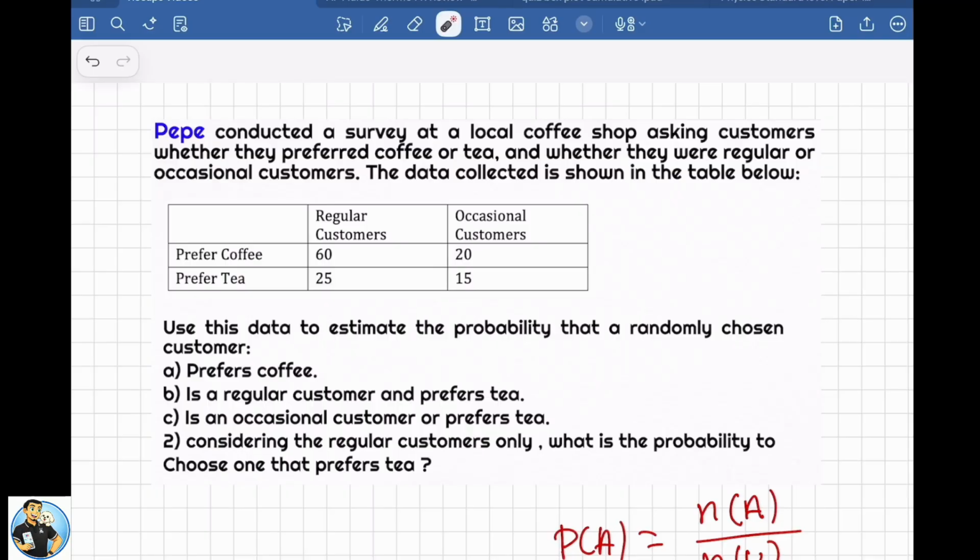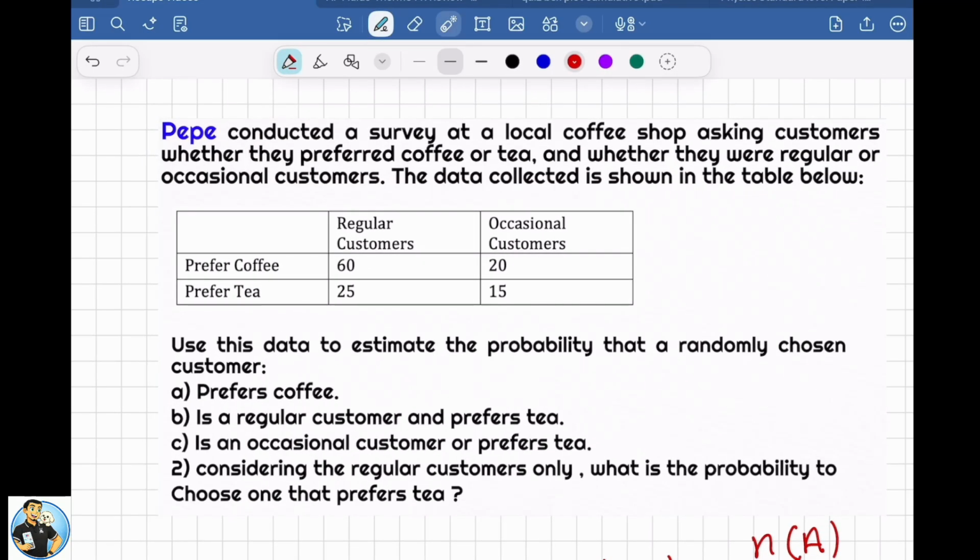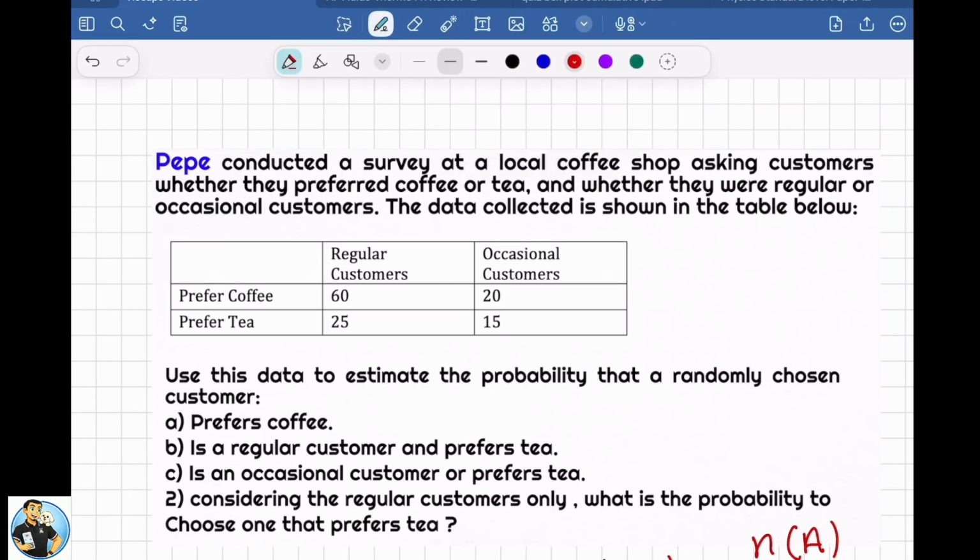Here the results are the customers, the number of customers. We have two options, and what we can do is a sum. A row is something horizontal, and a column is what we check vertically.